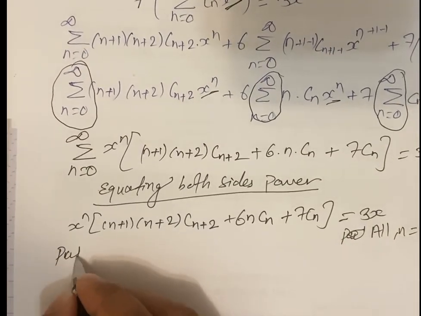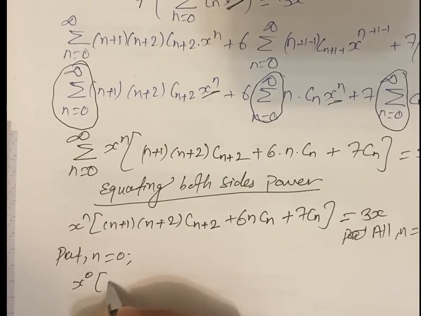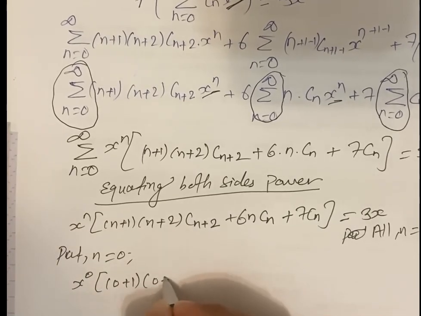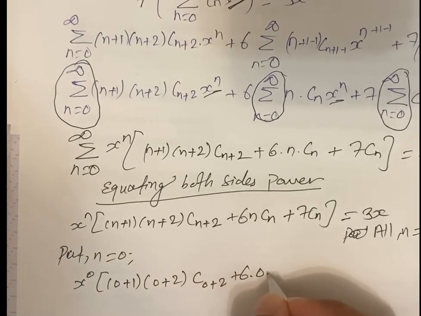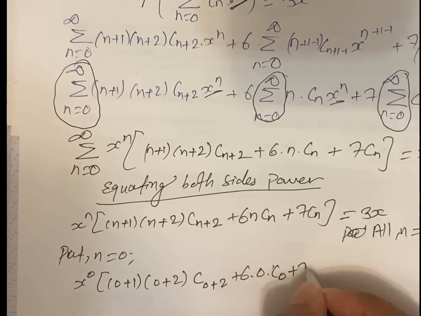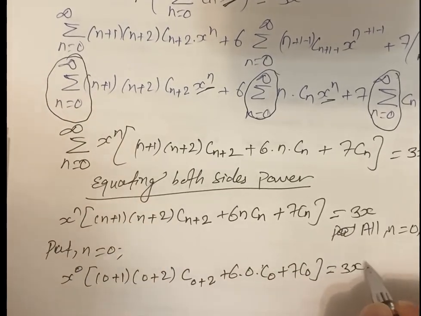So put n equal to 0. Here n equal to 0 means x^0, (0 plus 1)(0 plus 2) c(0 plus 2) plus 6 times 0 times c0 plus 7 c0 is equal to 3x.